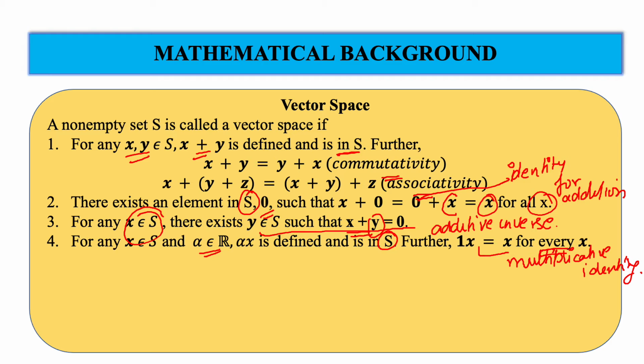So 0 is the identity for addition and 1 is the identity for multiplication.